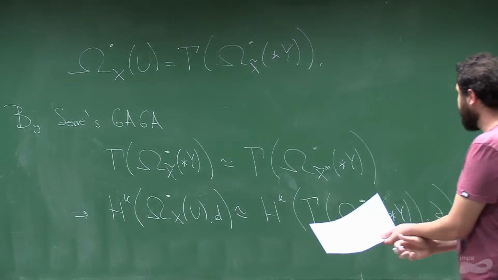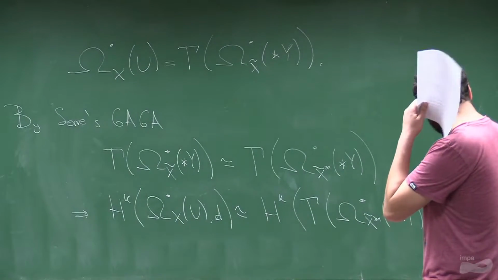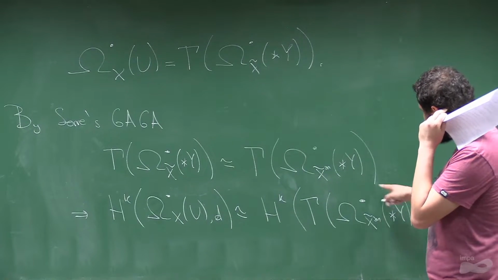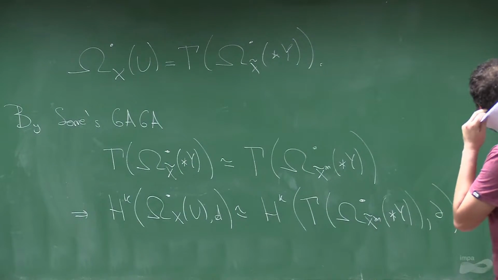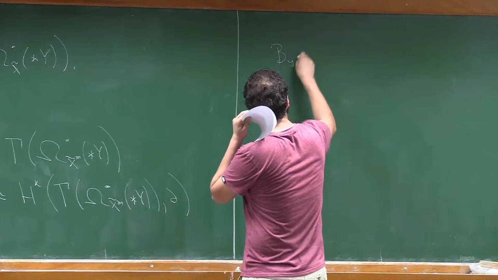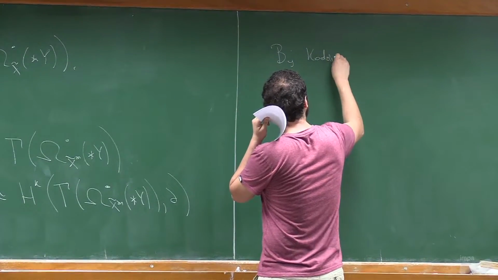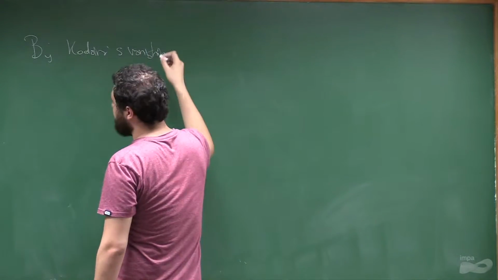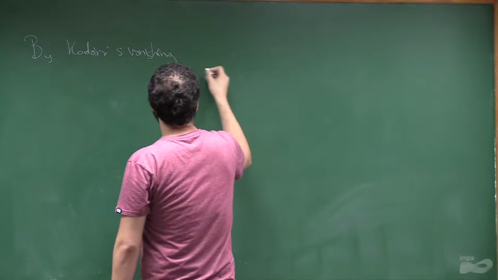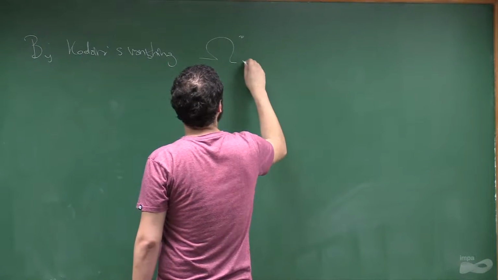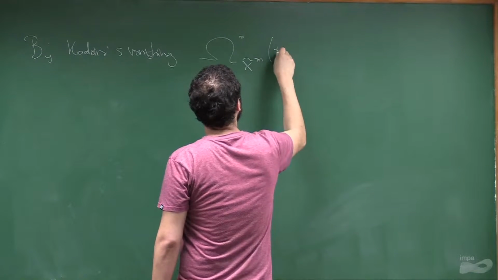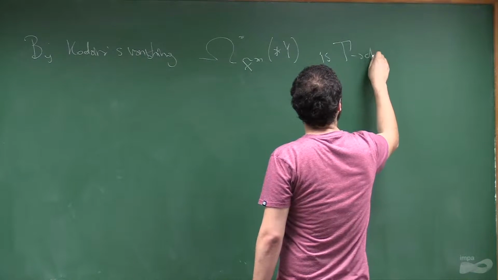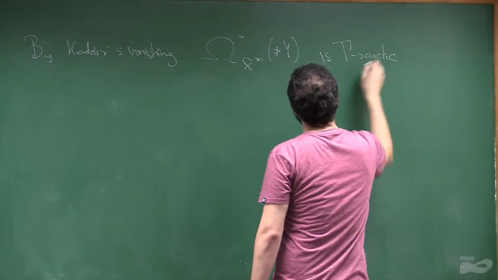Since Y is an ample divisor, we know that these sheaves are all Gamma-cyclic. This is Kodaira's vanishing. So by Kodaira vanishing, this whole complex is Gamma-cyclic.